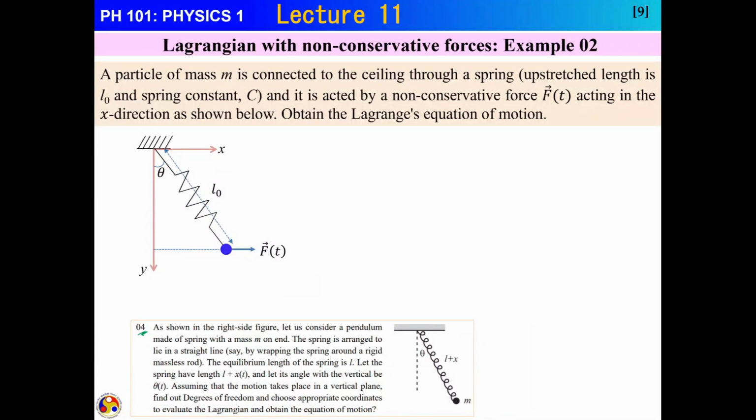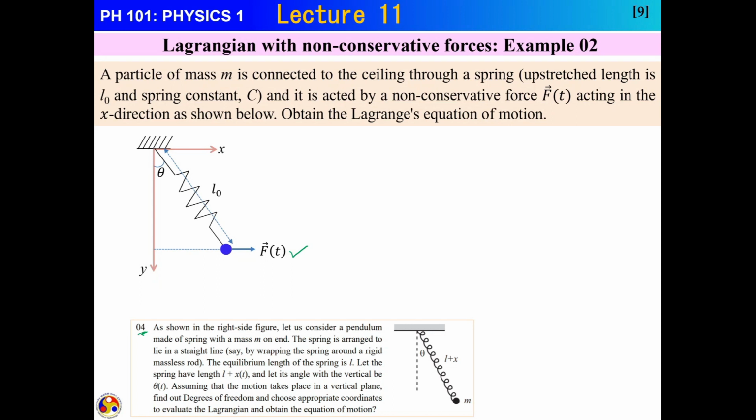Now we are going to extend the same system by a non-conservative force acting upon the mass along this particular direction. How does Lagrange's equation of motion get modified in this case?